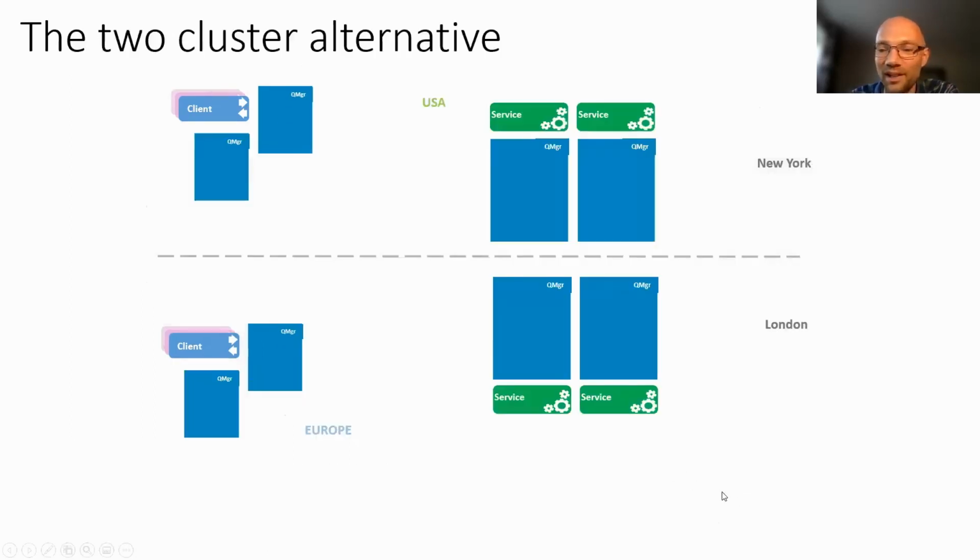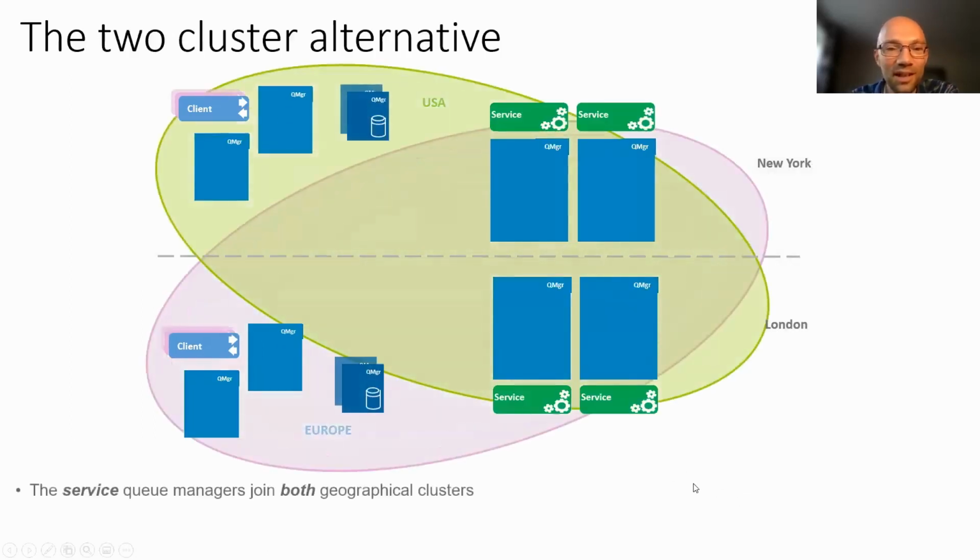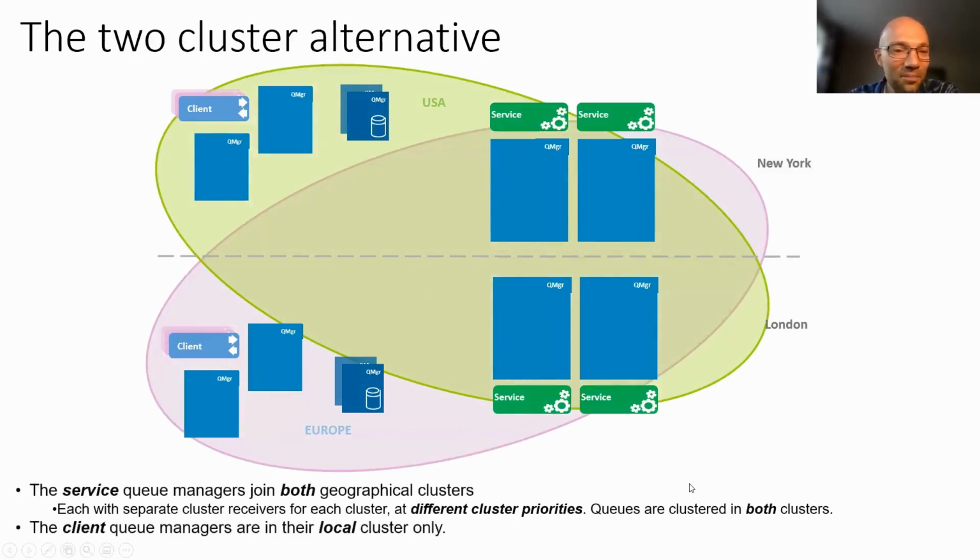Now, there is another way that you can do this. I'm not going to go into great detail about this. You can look in the notes in the PDF of the slides if you want, because we've actually got the commands to define the channels and the queues that we need to set this up, and a bit more explanation about how to do it. But you can use two clusters as an alternative to the previous scenario.